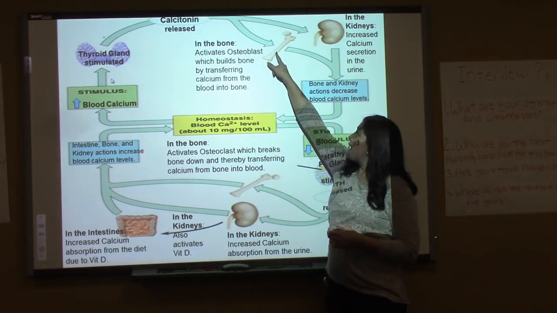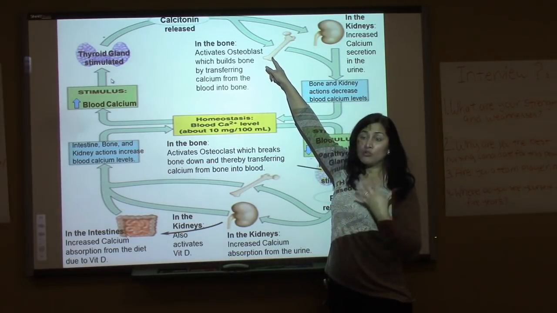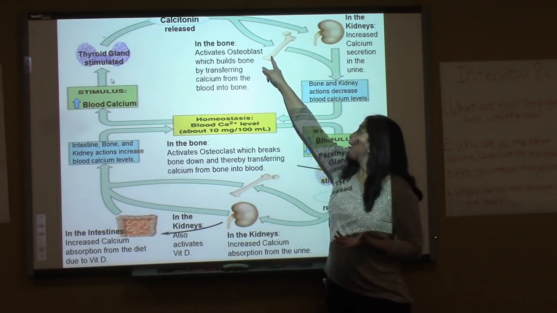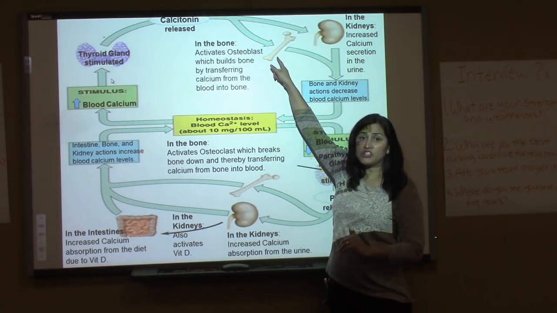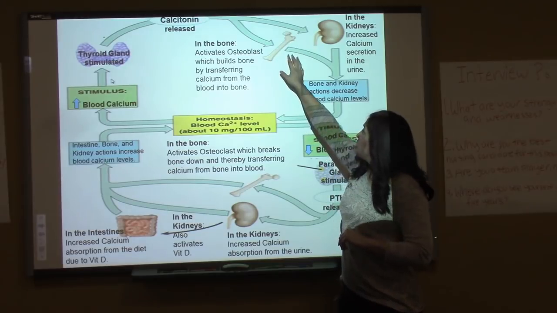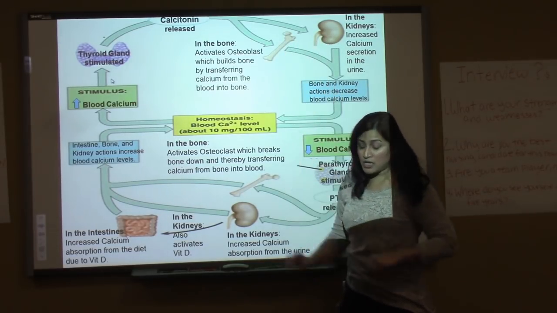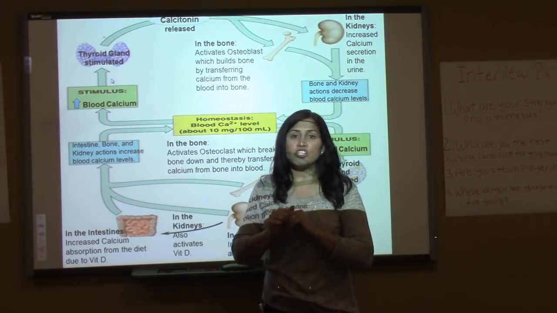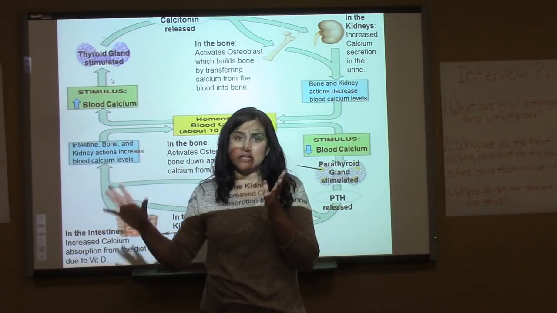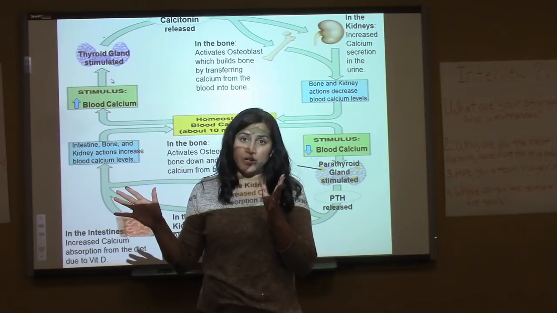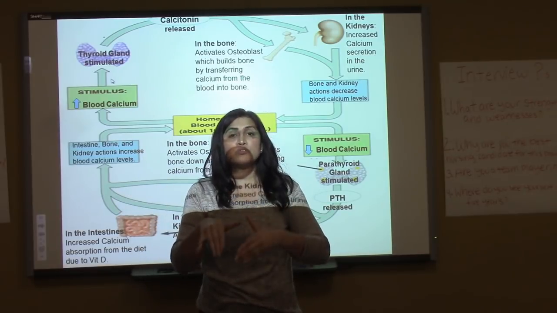So calcitonin causes bone to be made, and by making bone, your calcium levels start to drop. That's one place it works. Another place it works is on the kidneys. Calcitonin causes your kidneys to secrete calcium in the urine, so it doesn't allow calcium to be reabsorbed.